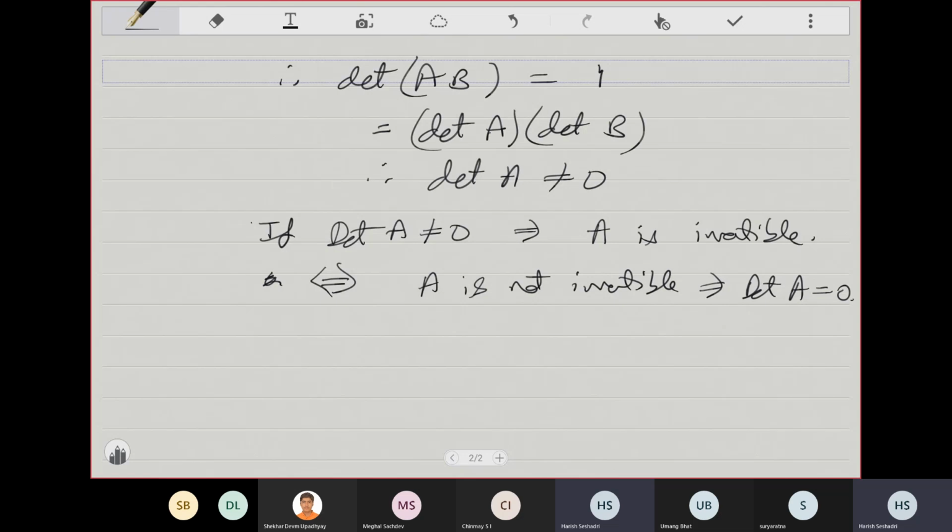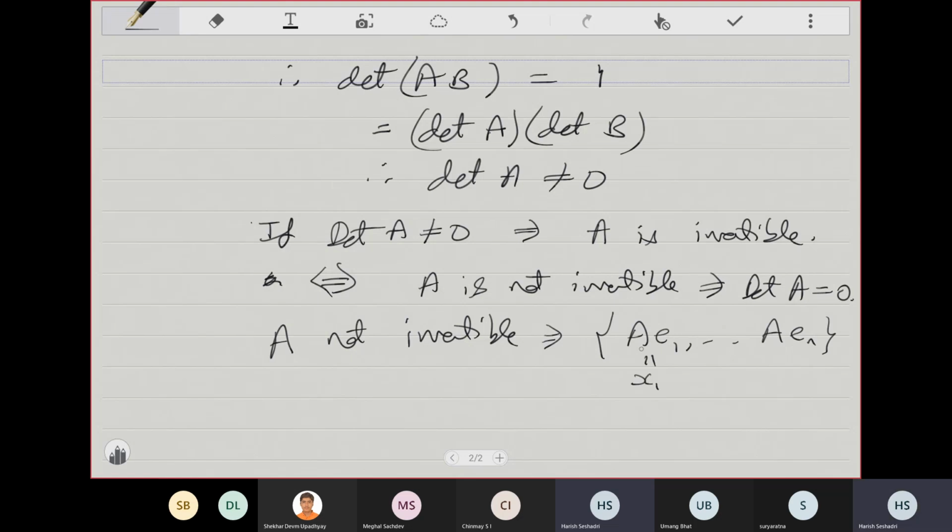Now, if A is not invertible, then if you look at AE1, ..., AEN, these are just the columns.